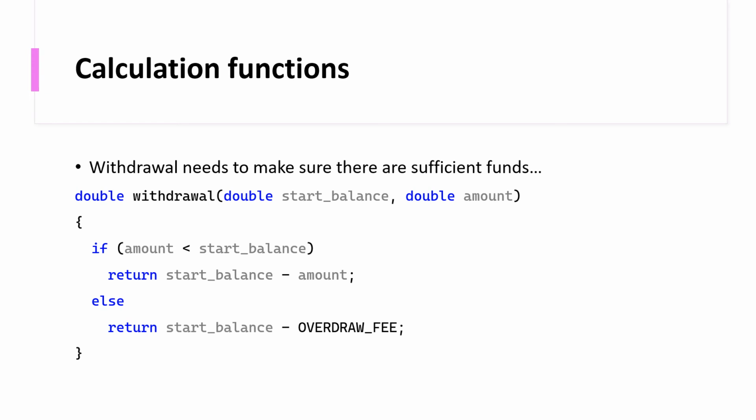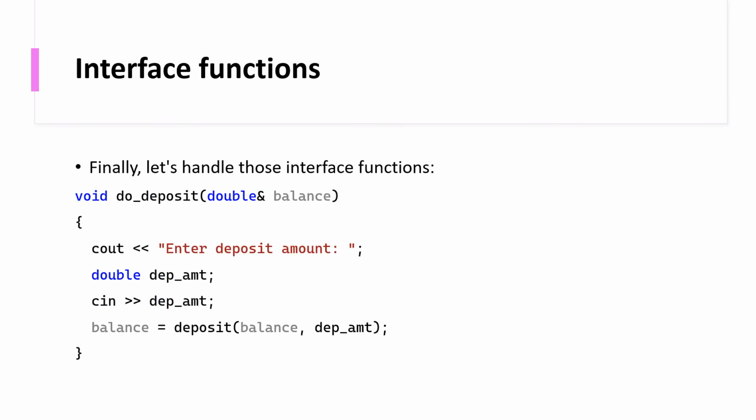Now here we probably should print some sort of a warning statement to the user saying that they had insufficient funds and were being charged a fee, but I didn't want to make the code look any messier than it already does. So those are the two calculation functions.